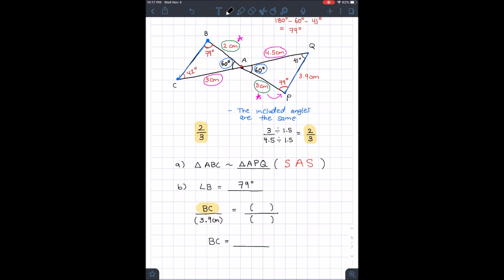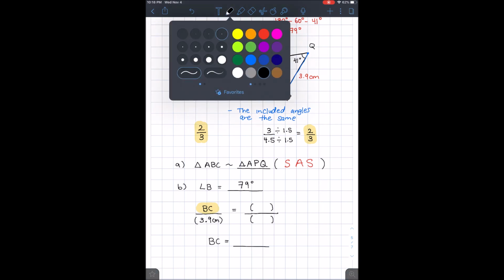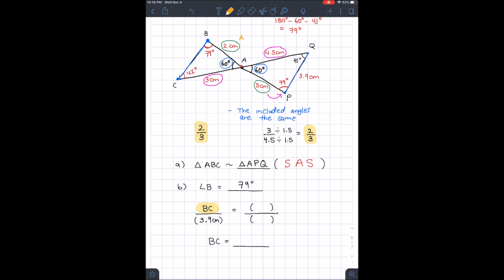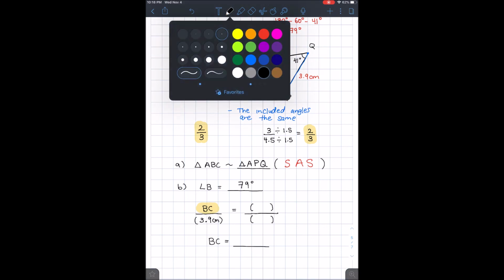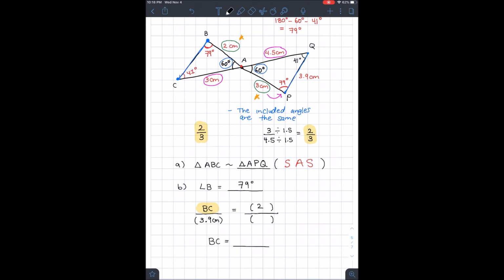Well, one thing we can do is choose a side or a pair of sides that we already know. We know one pair of sides, which is 2 centimeters and 3 centimeters. So we can write 2 over 3.